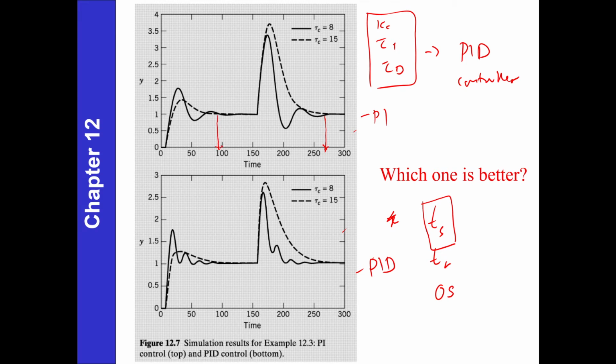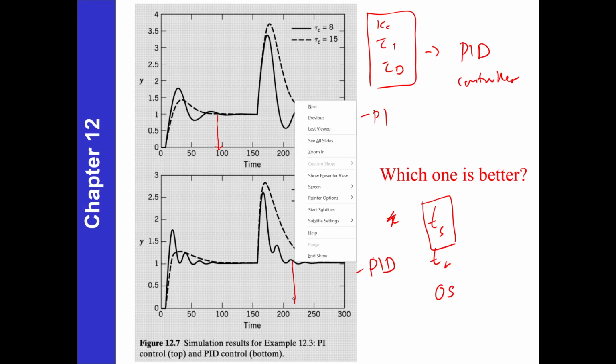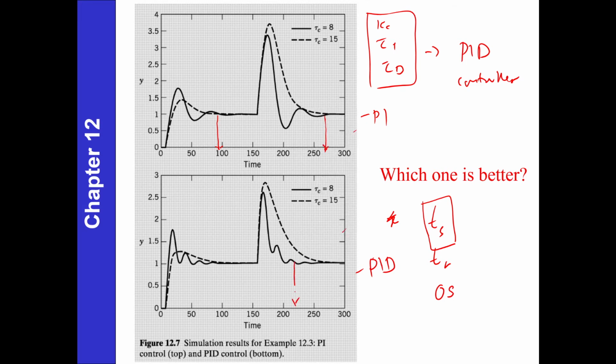But for the PID controller, the response for tau c equal to 8 is around here, and for tau c equal to 15, it's around here.